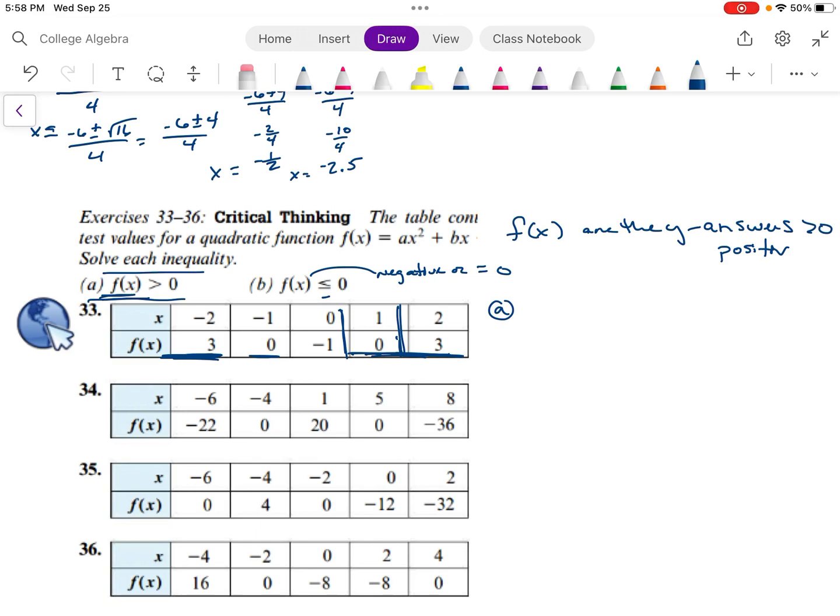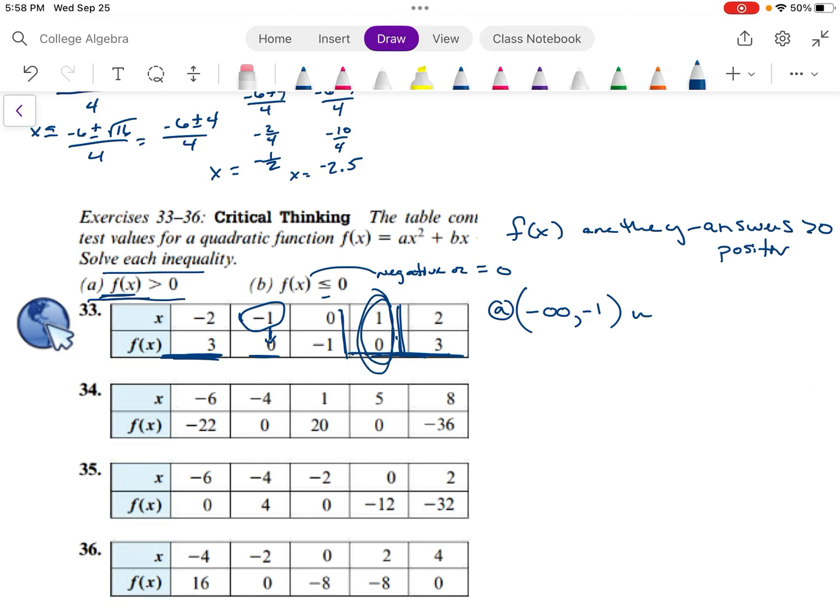We would say, well, for the x values from negative infinity all the way up to basically negative 1. We know negative 1 is 0, so we would say all the way up to negative 1, it is positive. And then union, we start back again on the other side of this.